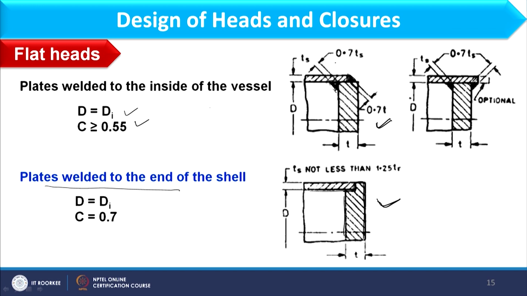However, in this case a fillet is made, and that fillet will give slight curvature to this sharp corner, and here stress distribution will be more uniform in comparison to this figure. Therefore, the C value would be 0.7 over here, but here the minimum C value would be 0.55. Though it is mentioned as greater than or equal to, if it can work with 0.55, keep that value equal to 0.55 only.